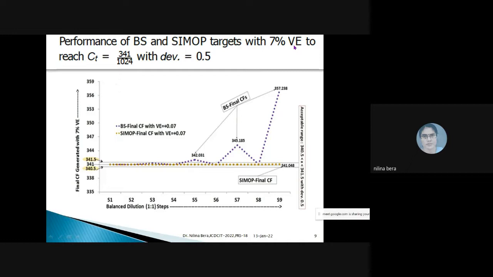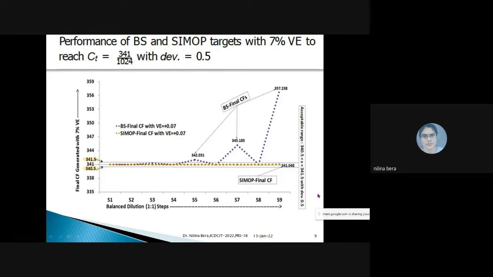That means this epsilon is 0.07, or 5% is 0.05, 10% is 0.1. These are all the different extra volume errors we tried, to check how the targets perform. Now, here x equals the total number of steps, 1024, and we want to reach the numerator 341, and we check the deviation threshold, whether it is less than or greater than 0.5.